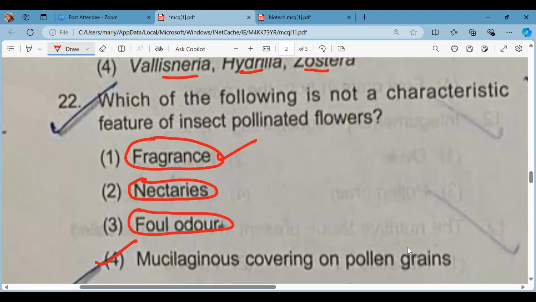Then what about foul odor? If we are talking about fragrance, certain plants have a fragrance. Then what about those flowers or plants that do not have a fragrance?